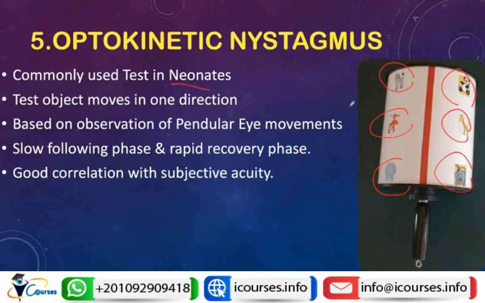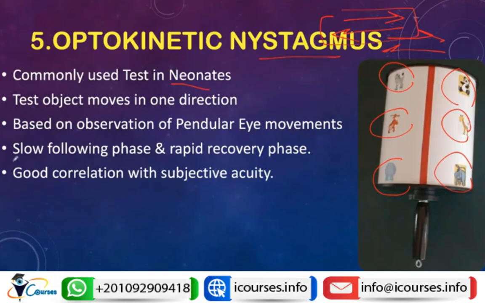Then, as a physiological response, when this object vanishes from the sight of the child, the eye will return rapidly. So this will lead to a nystagmus that has a slow phase and a fast phase. It will move in one direction and then move in the reverse direction. So by definition, it's called a nystagmus.